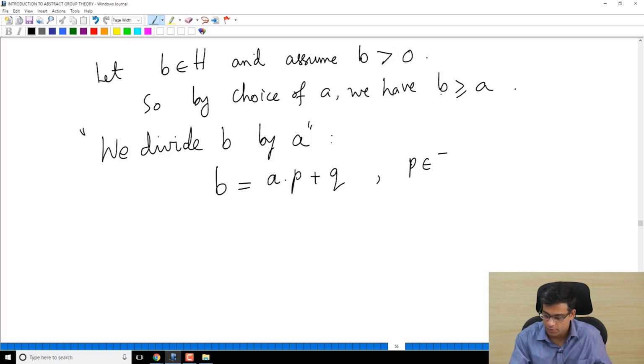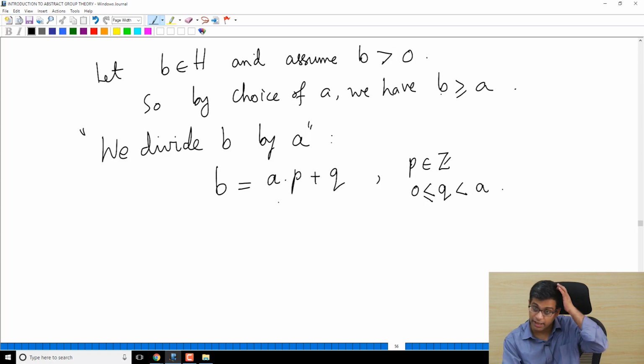P is an element of Z, and Q is non-negative, but strictly less than A. The remainder is always less than A, correct, because if Q is more than or equal to A, I can further divide. So, I can keep dividing until the remainder is strictly less than A.